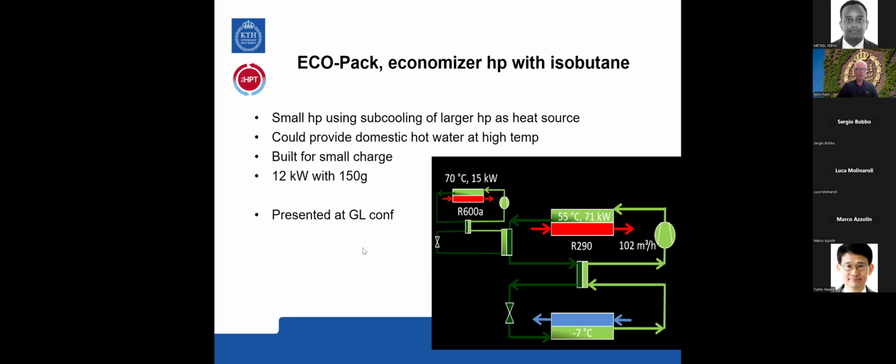So the idea is to be able to produce sanitary hot water at a higher temperature than the condensing temperature of the larger heat pump. We used isobutane as a refrigerant in this case. And we showed that it was possible to provide up to 12 kilowatt of heating with a charge of less than 150 grams of isobutane.